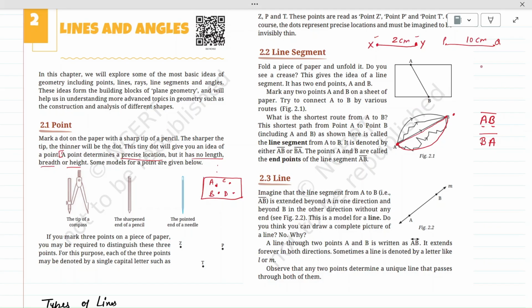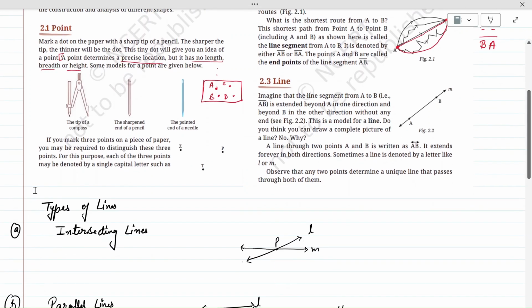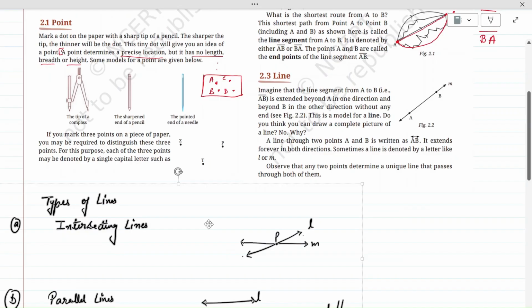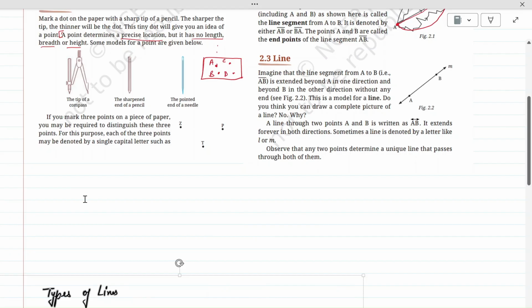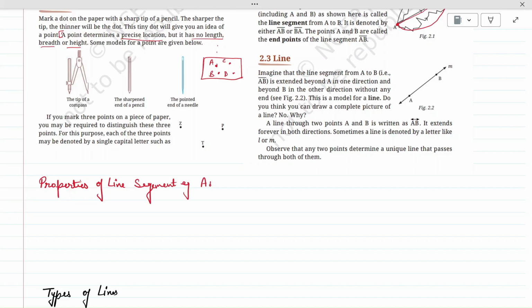So what I am doing is writing a few properties of it. Just give me a moment, I'm moving it down here. I'm writing here the properties of a line segment. Example: AB or BA with a line above. Or I'm drawing here only.